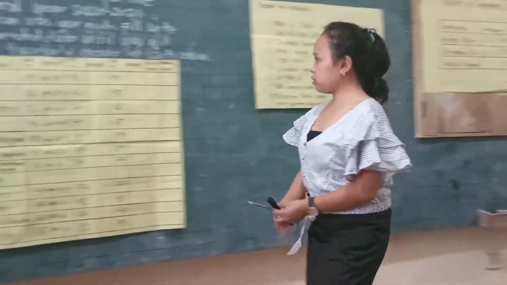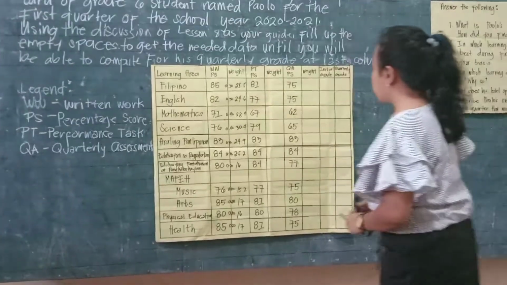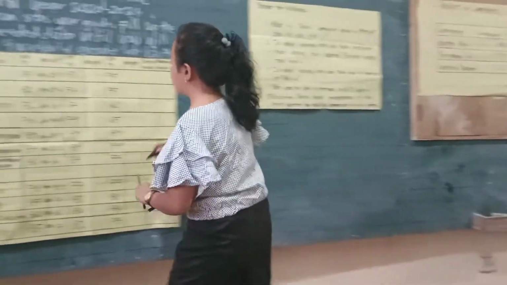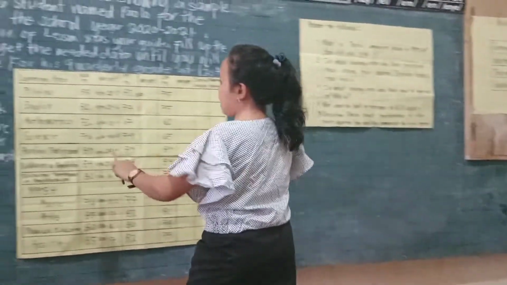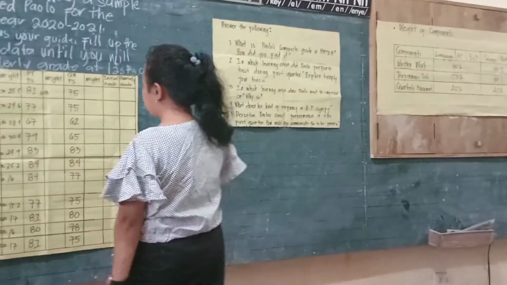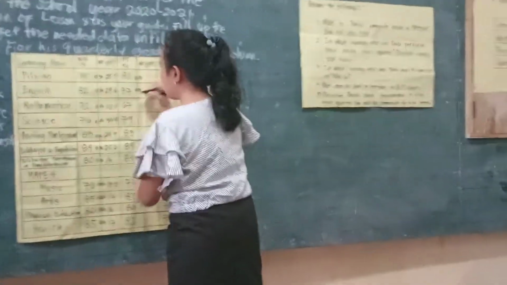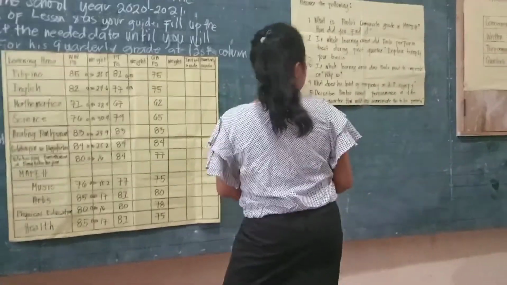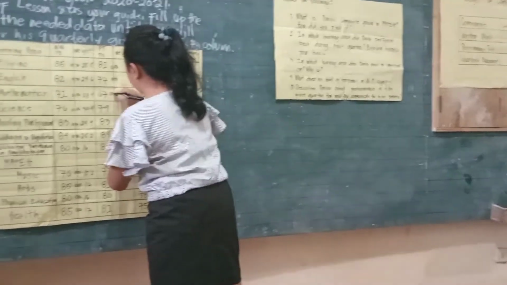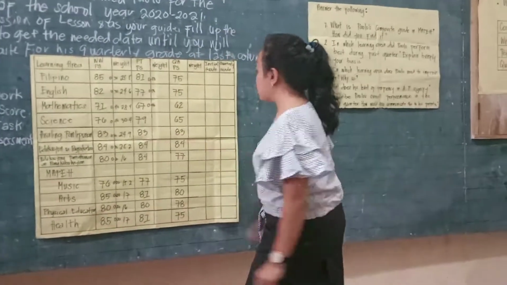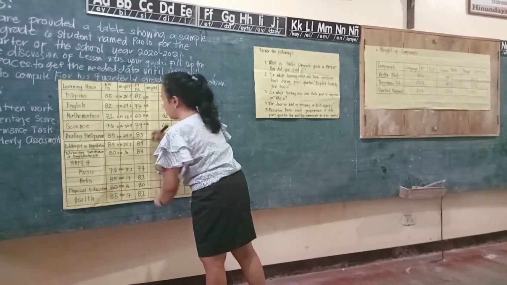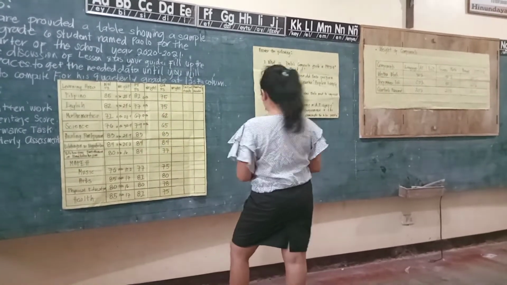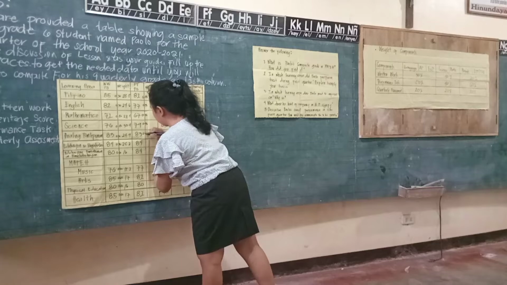So for Filipino, the weight component is 50% or 0.50. In English is 50% or 0.50. In mathematics, we have 40% or 0.40. In science, we have 40% or 0.40. Araling Panlipunan, we have 50% or 0.50.